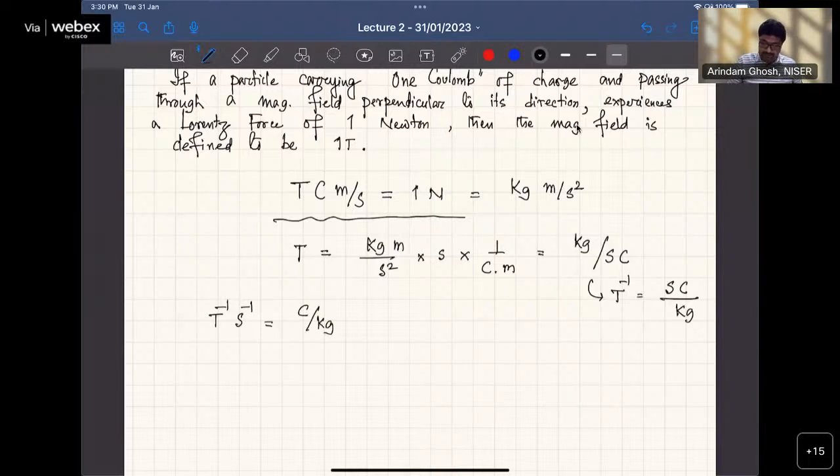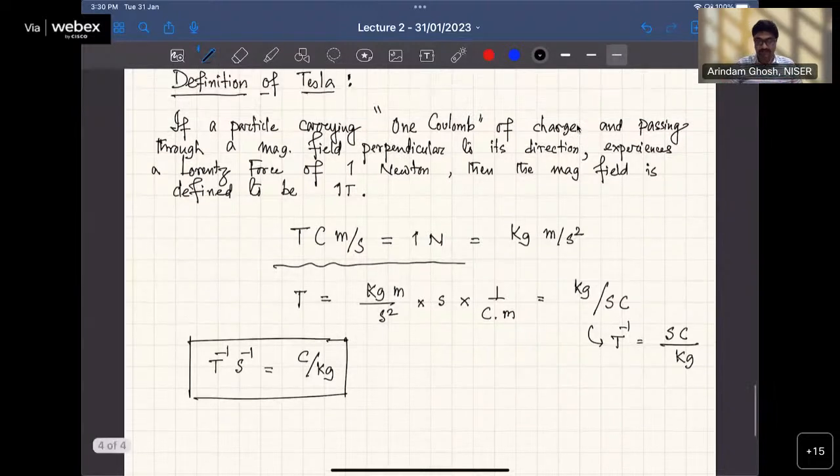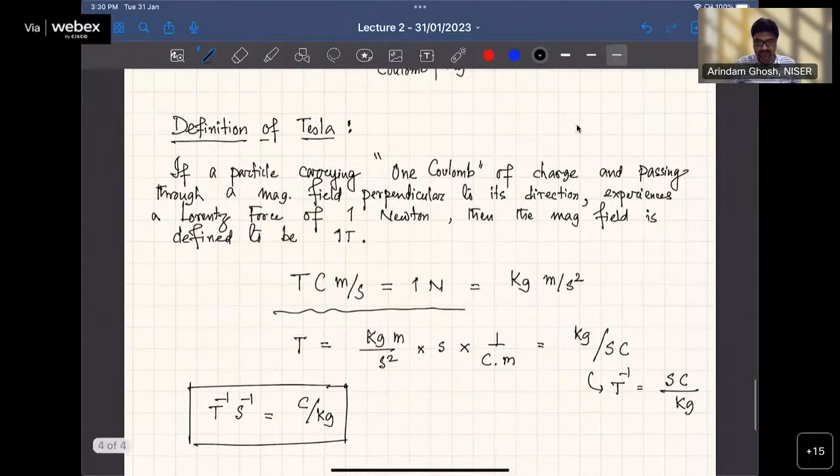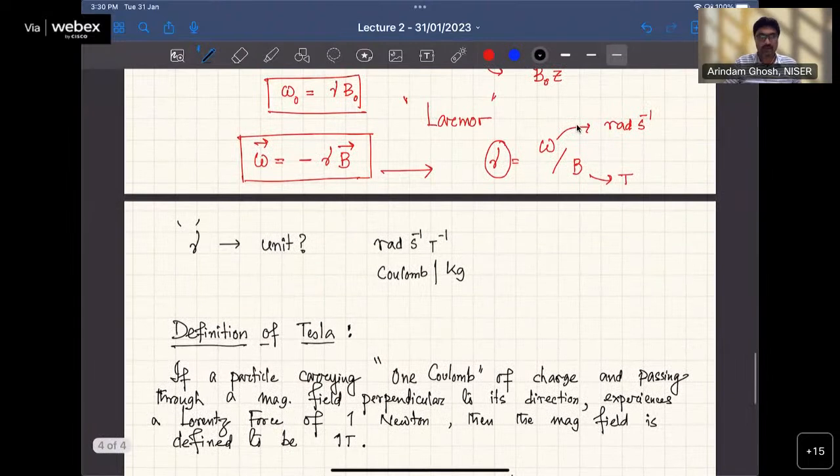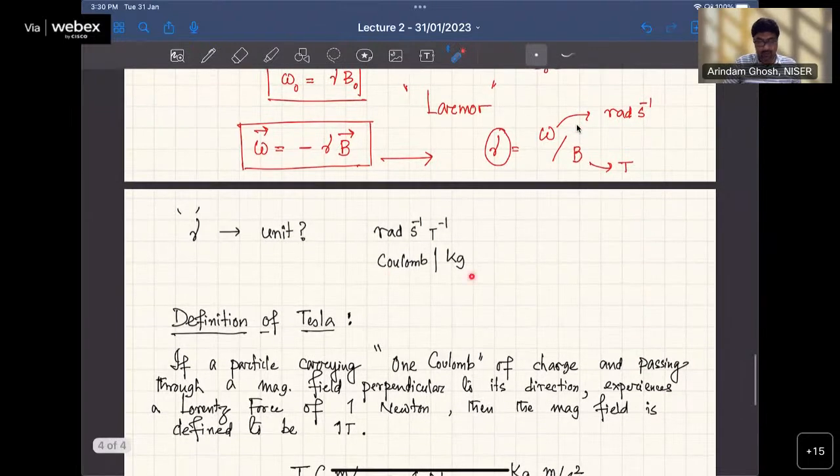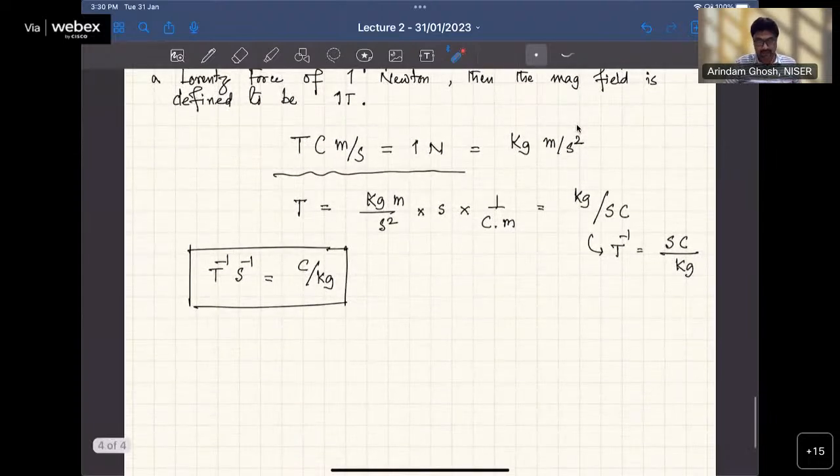Correct? So per Tesla per second and coulomb per kg are basically the same unit, although it might look like, where is kg coming from. kg is actually coming from there. So you should remember this: Tesla per second, which is a natural unit of gamma because it is defined from this particular relationship, is also equal to coulomb per kg. And you will shortly understand why this relationship is important to know in NMR.